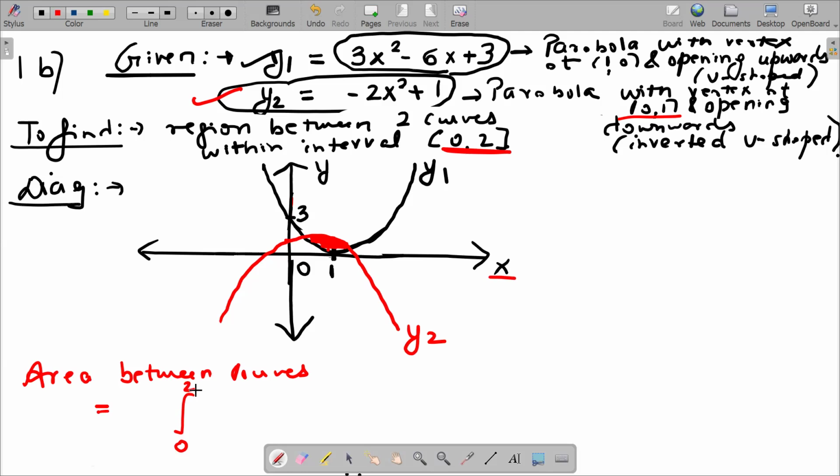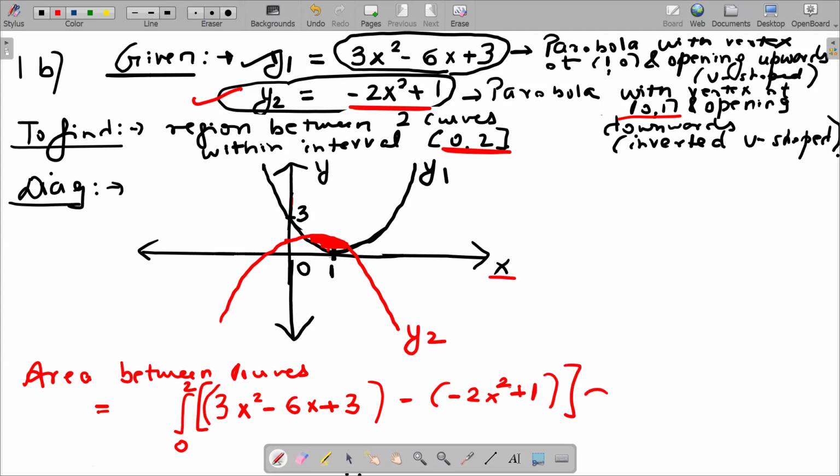So area of y1, which is 3x square minus 6x plus 3, minus the equation of y2. Equation of y2 is minus 2x square plus 1. And I integrate this with respect to which variable? With respect to the variable x.